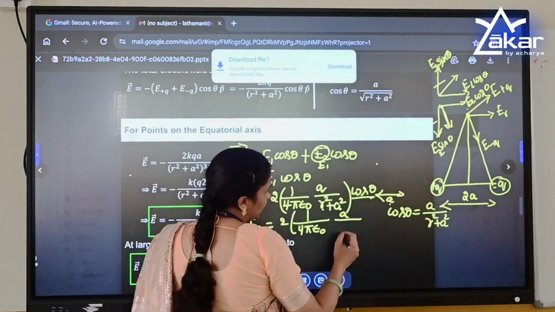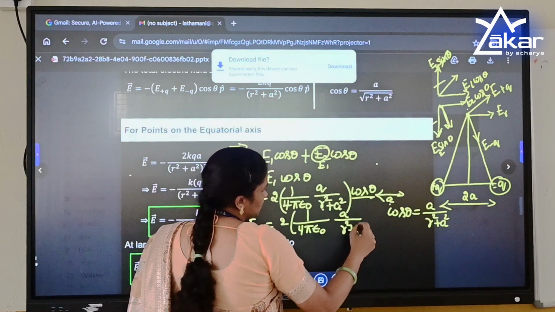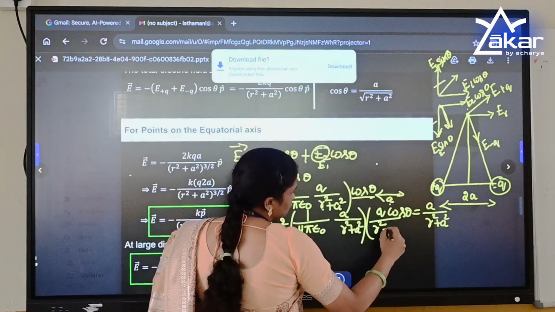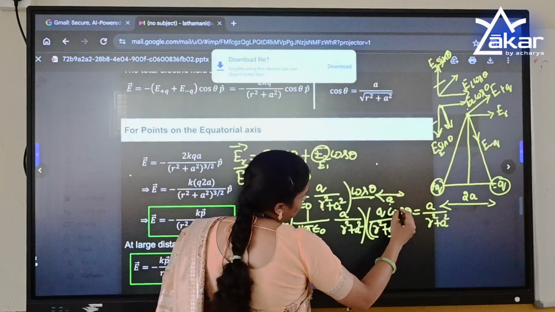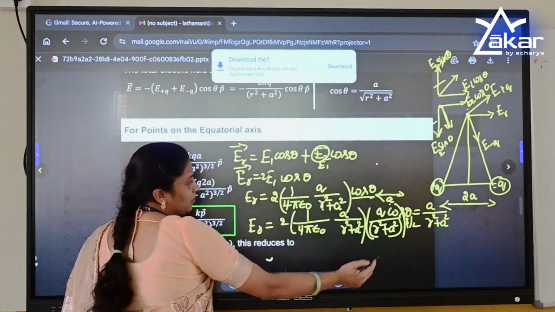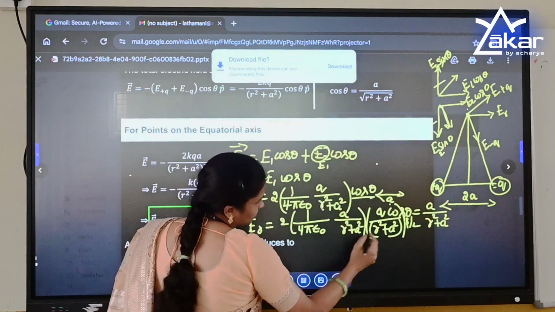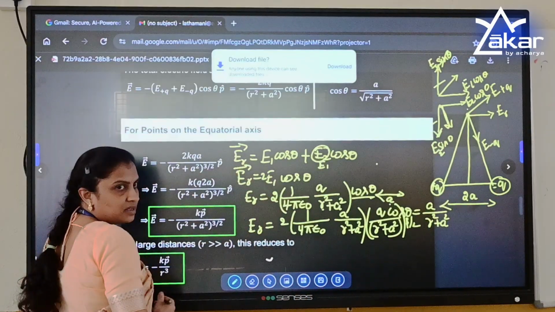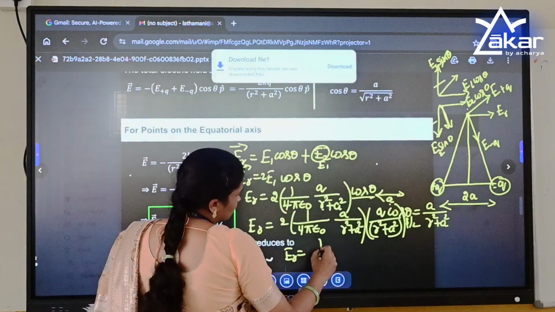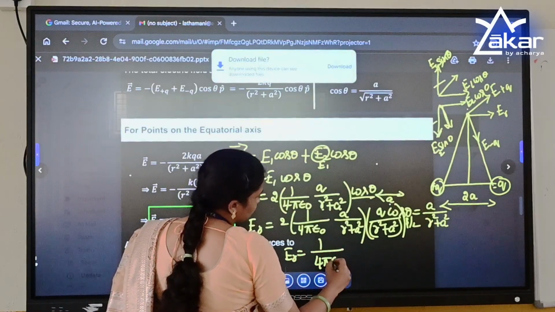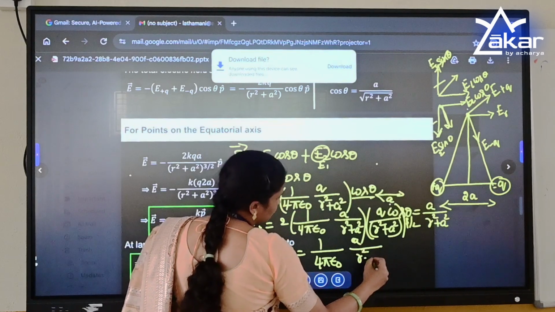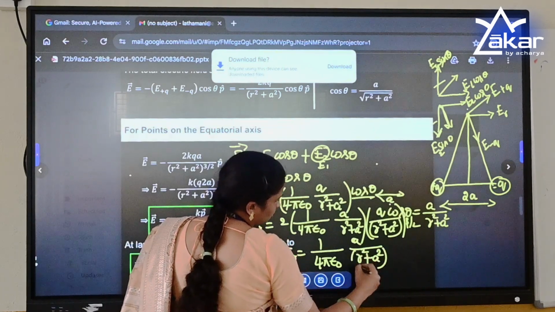Now, a divided by r square plus a square into q by r square plus a square whole power 3 by 2. Sorry, 1 by 2. So 1 by 2 into, 1 by 2 plus 1 gives whole power 3 by 2. So ER is equal to 1 by 4 pi epsilon naught a divided by r square plus a square whole power 3 by 2.